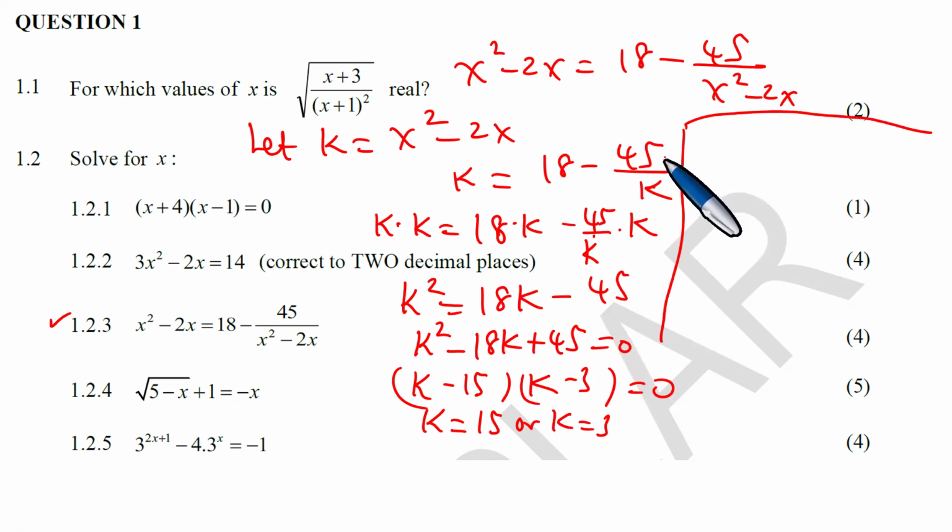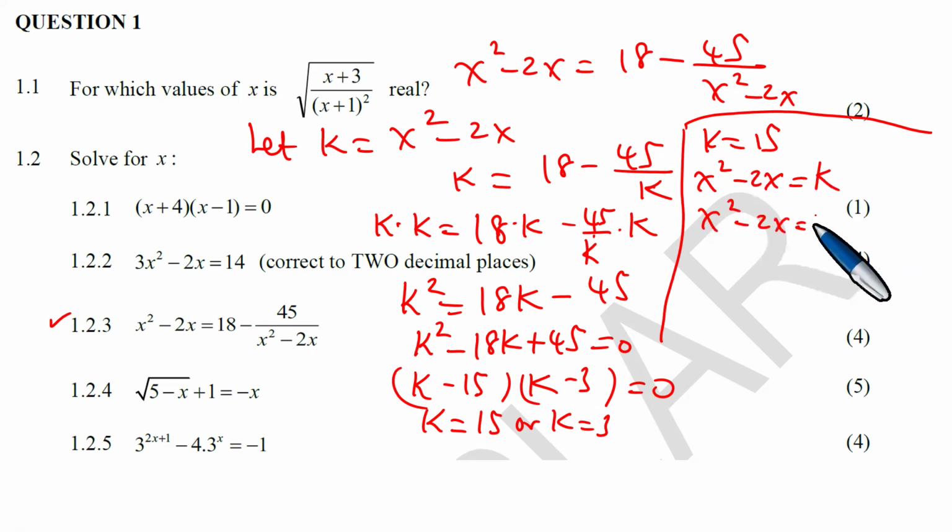Now we have k equals 15, but k is x squared minus 2x, so x squared minus 2x is equal to k. Because k is 15, you can have x squared minus 2x equals 15.